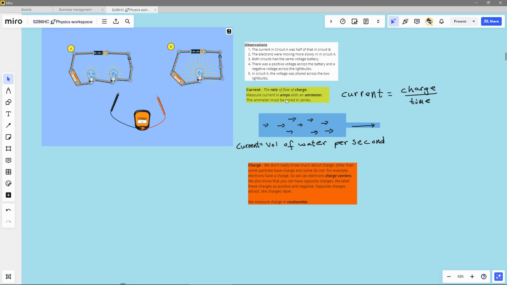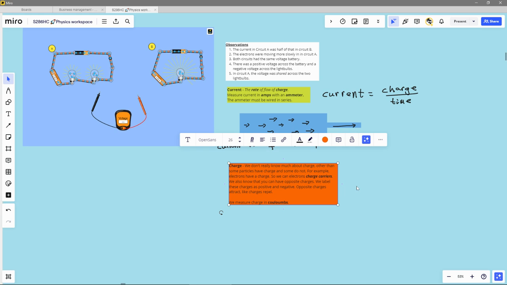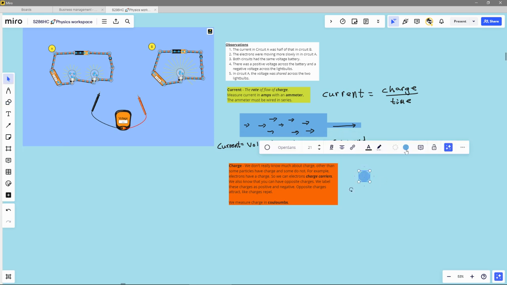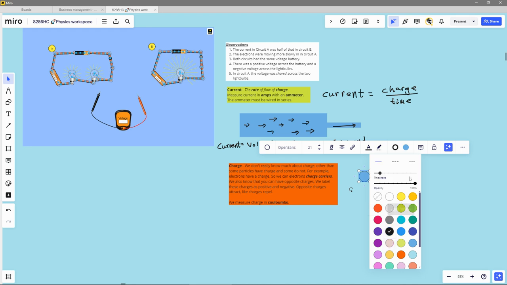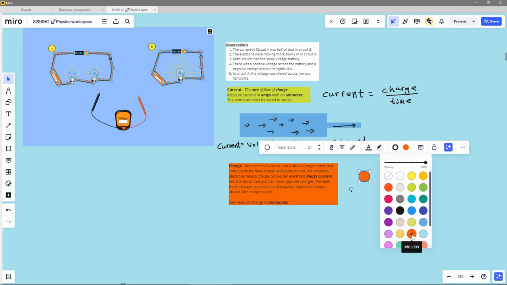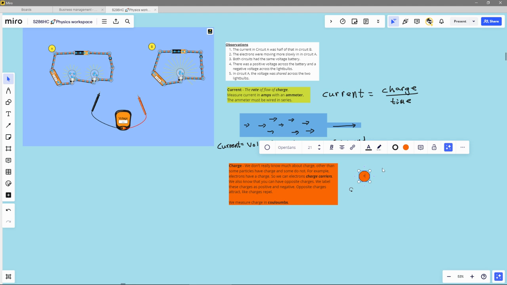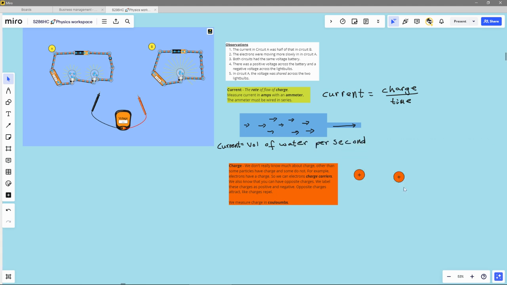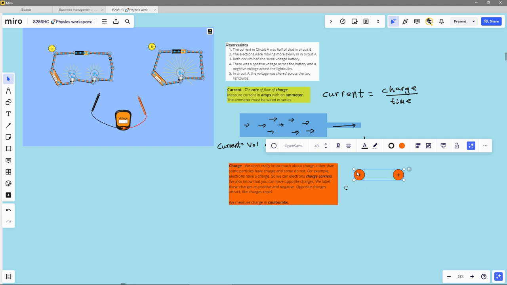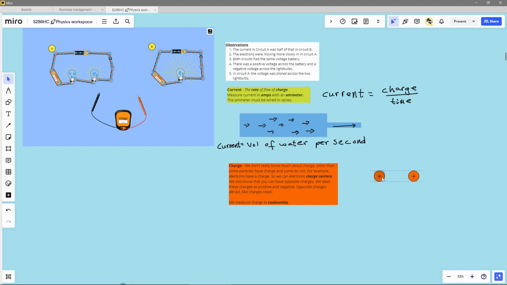So now what I wrote up here might make a little more sense. We know a little more about what charge is. I'm going to draw a quick diagram. We'll get a couple of protons. There's one proton and there's another proton. I'll move this to one side, and they are going to repel, so we'll add a couple of arrows to say that they're repelling one another.